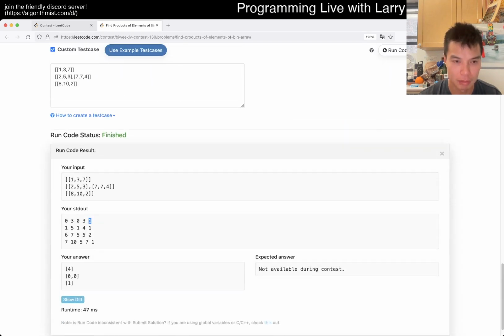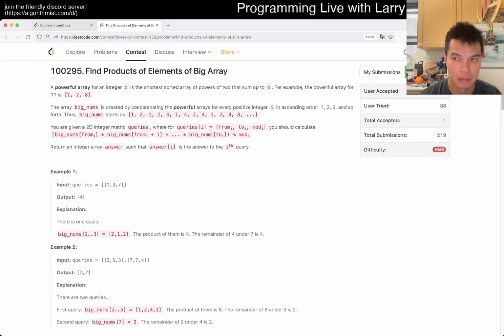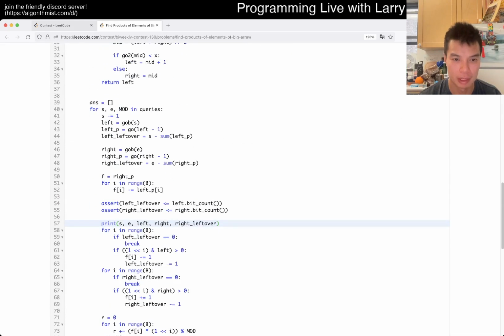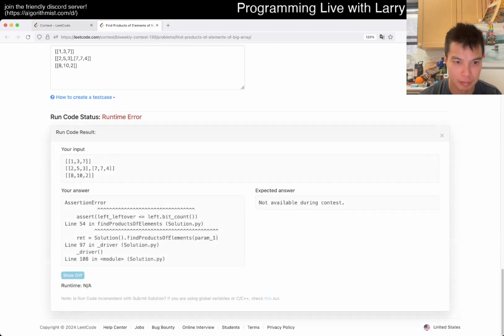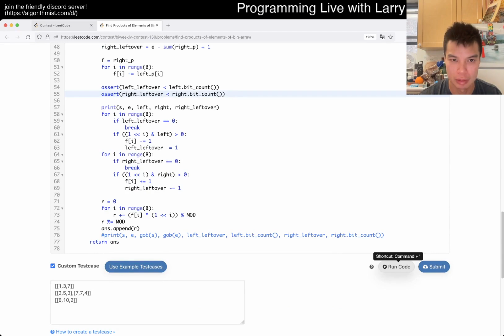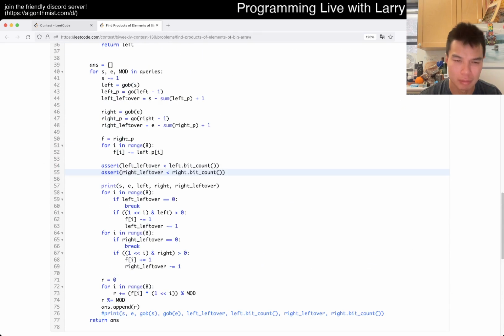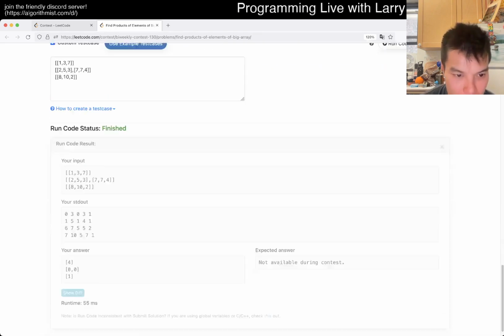And 1. Oh, 1 is not right. 1 is right in the number of bits, but not the leftovers, I mean. Now it has to be that because then now. That's weird. Okay, let's look at it again.